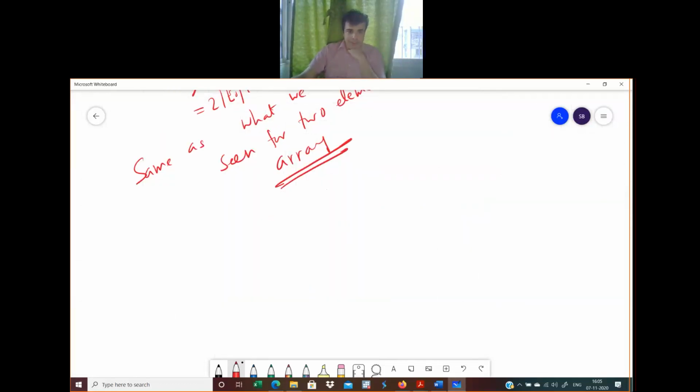In the general case, E total, that is E0 sin n psi by 2 by sin psi by 2. When this is maximum, when this is maximum, for what value of psi is this maximum?